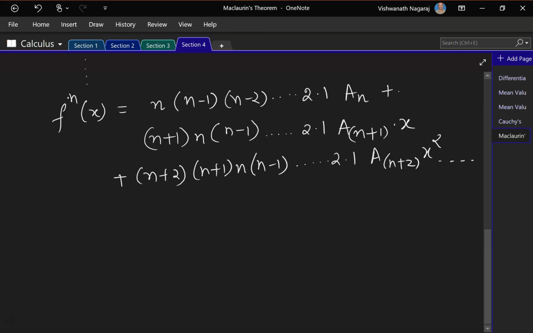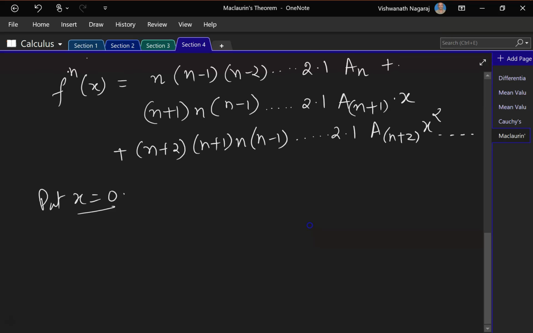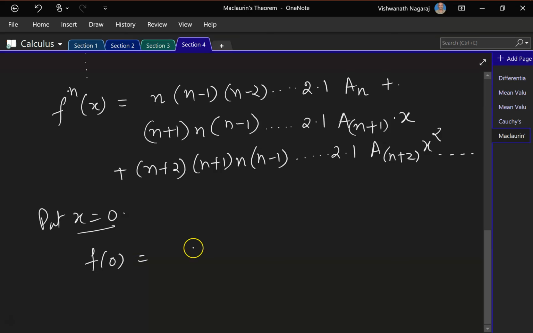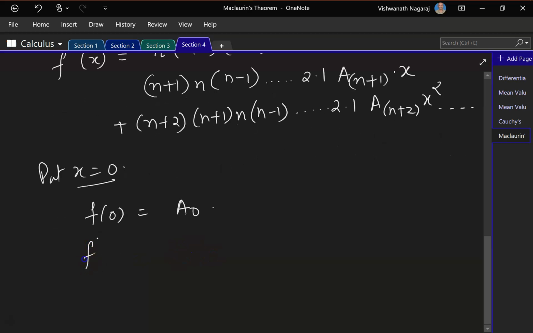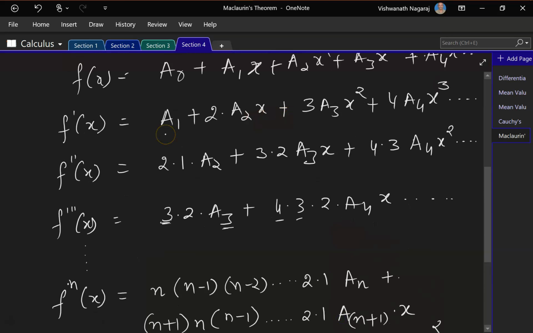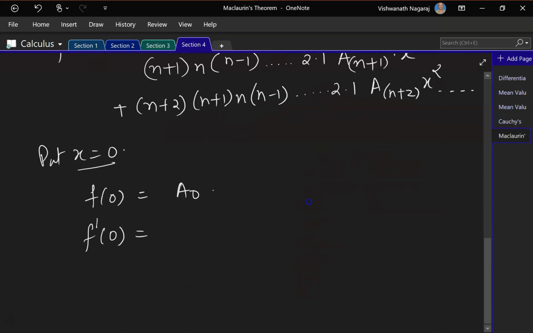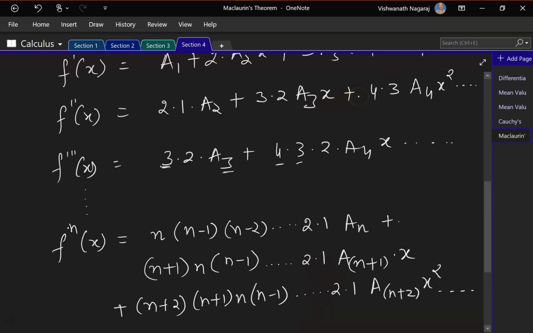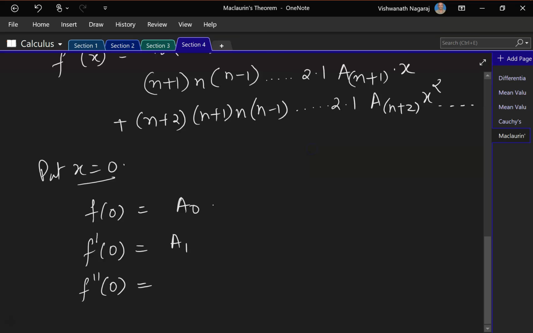Okay, now let's see. Let's say x is equal to 0, what happens? F of 0 becomes a0. F prime of 0 becomes what? Here when we put x equal to 0, only a1 is left. So a1. Now f double prime of 0 will be what? Again all the other terms except the first term will be 0.